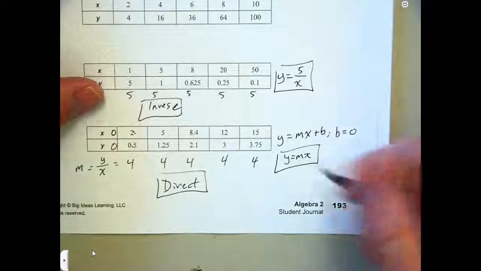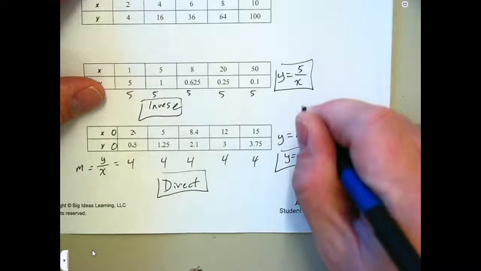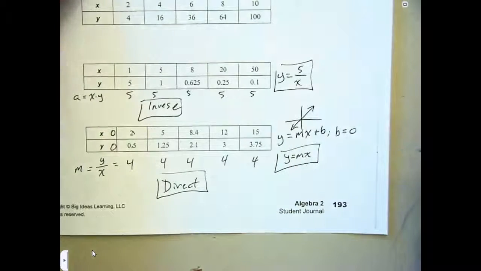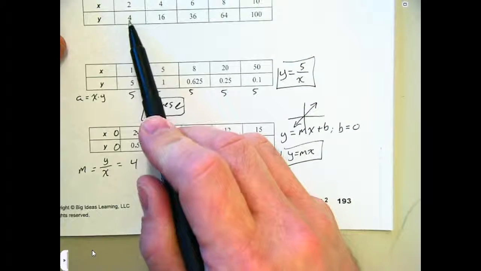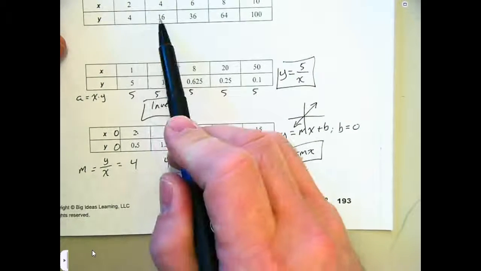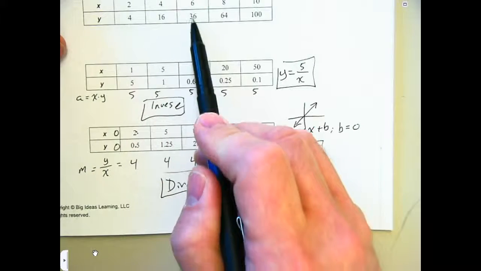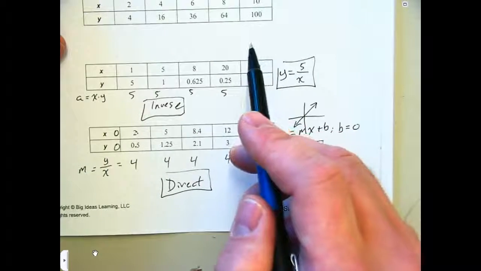You should learn that. Okay, y equals mx. B is 0. That means if you're graphing it, it is going through the origin. That is a direct variation. Notice on this one, if I do 4 divided by 2, I get 2. 16 divided by 4, I get 4. Here I get 6. Here I get 8. There's a pattern here.